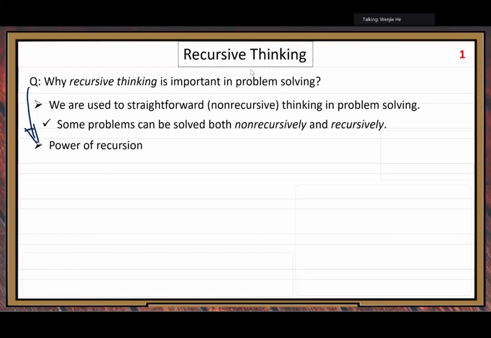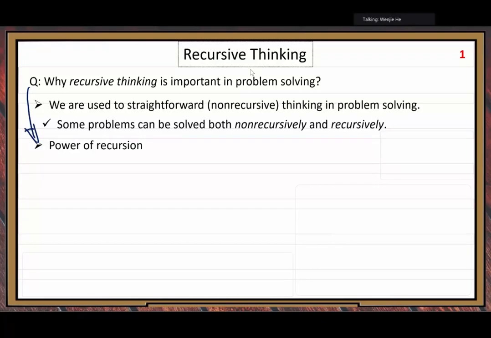But if you apply recursive thinking and recursive algorithms, you can quickly solve them. That's the power of recursion, and that's the reason we want to learn it and use it in our problem solving.